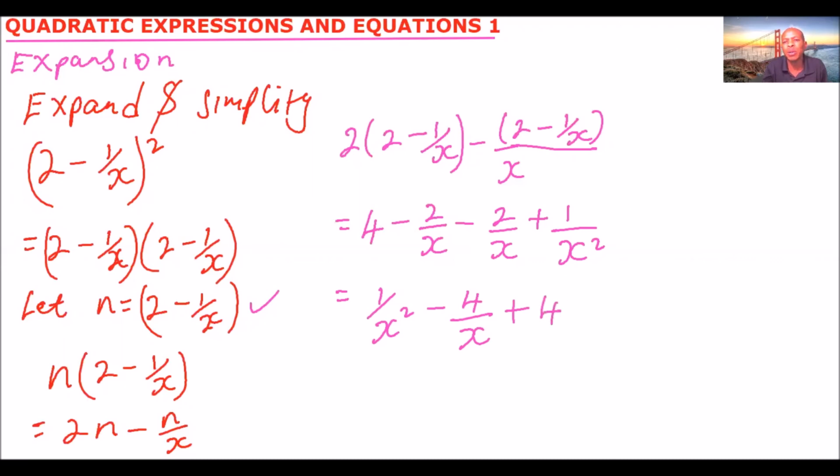So that is how you expand that quadratic expression. I hope you have followed what you have done. You can do a few more examples, and you find that it is not difficult to expand. And that brings us to the end of our lesson.